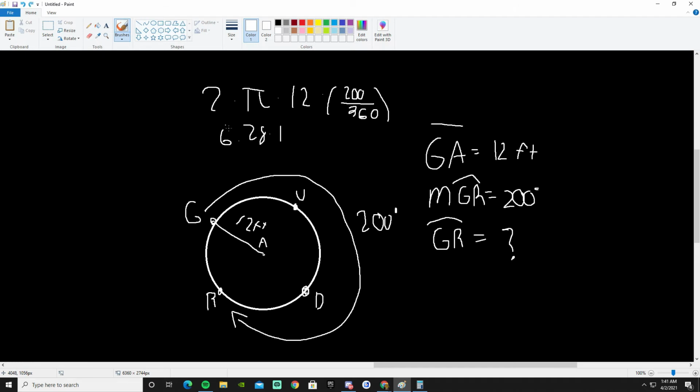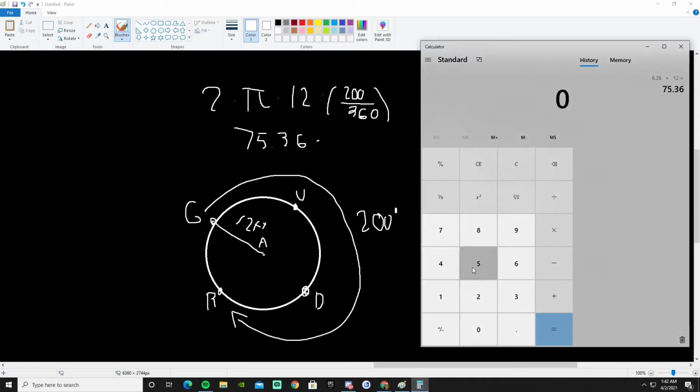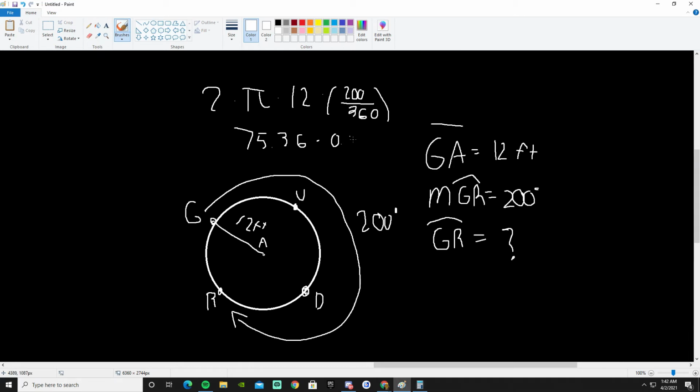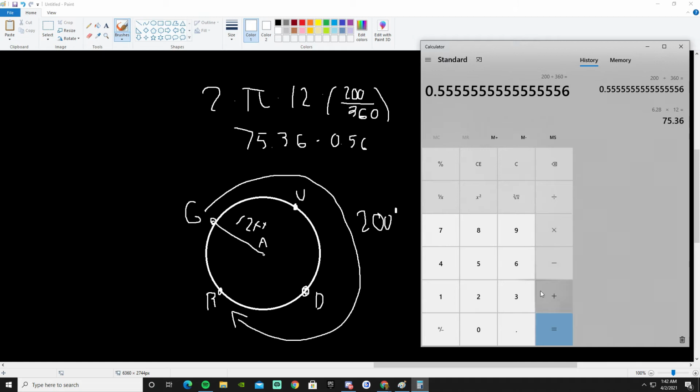So we'll just do this real quick to save space. 75.36 times 200 divided by 360, which is 0.56. So this would be times 75.36, and that would be your answer.